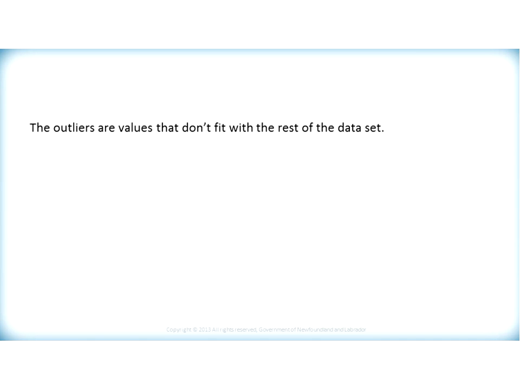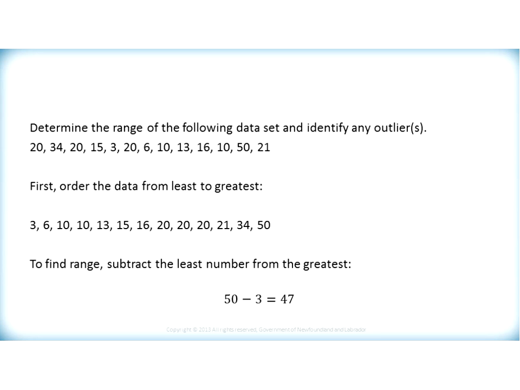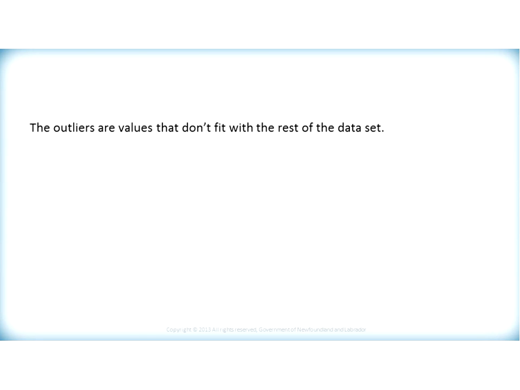The outliers in this data set are values that don't fit with the rest of the data set. So once again, I'll have you look at them. When we look at them from least to greatest, you'll notice, first off, that 50 is a clear outlier. Well, 34 is also much higher than anything else.